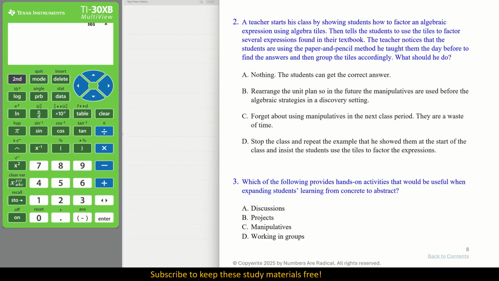What you should do is introduce the tiles first. This is what I would do. I would introduce the tiles, have some activities with that. And then the next day, I would move from the tiles to the box method. If you're not familiar with that, you can look that up. There is a factoring box method. Just Google it. Then I would go to something like the foil method.